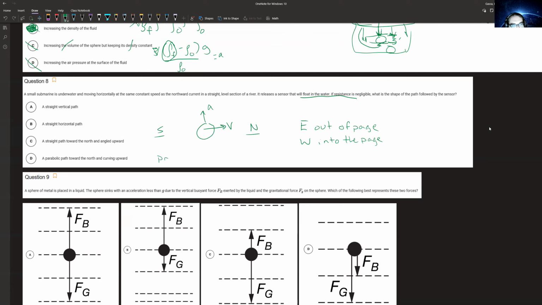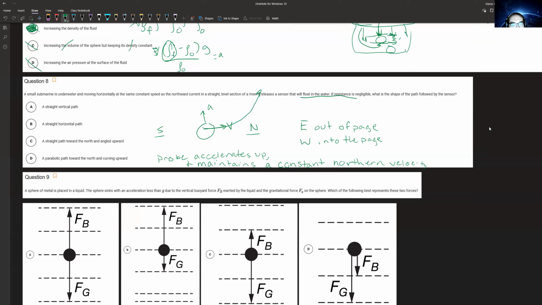So the probe accelerates upward and maintains a constant northward velocity. So it's going to look like a ball that was launched horizontally, but accelerates upwards.